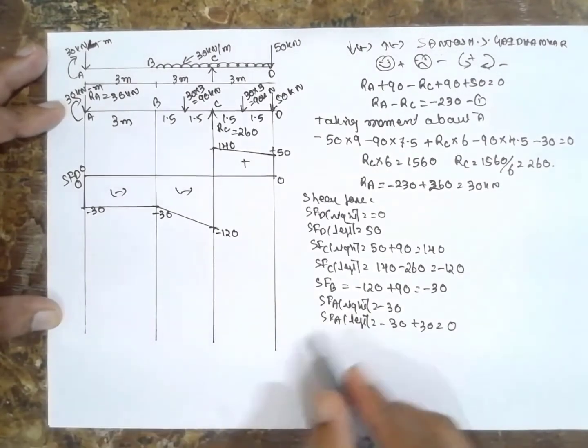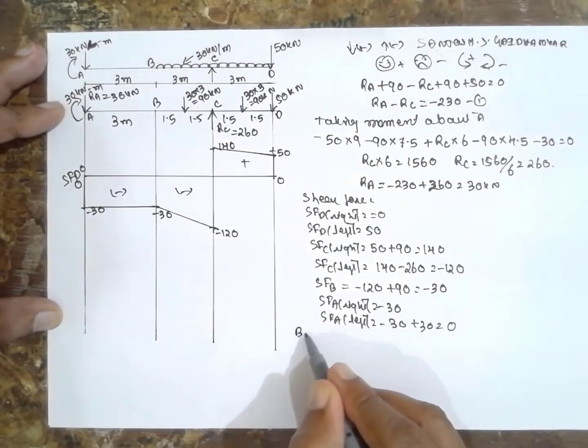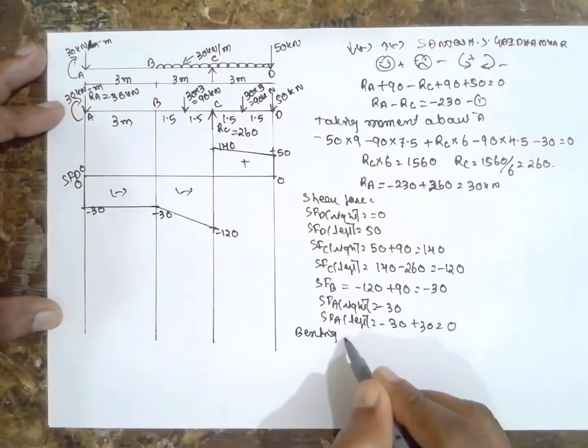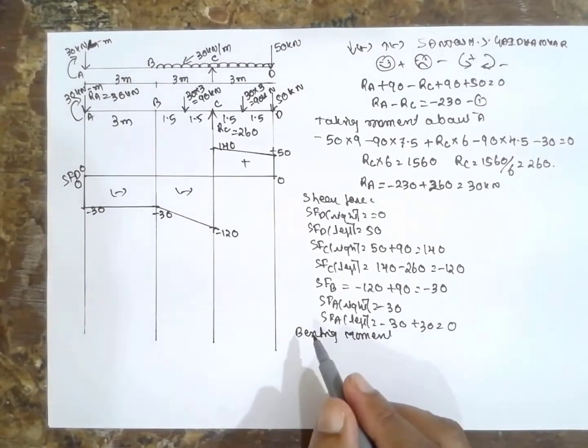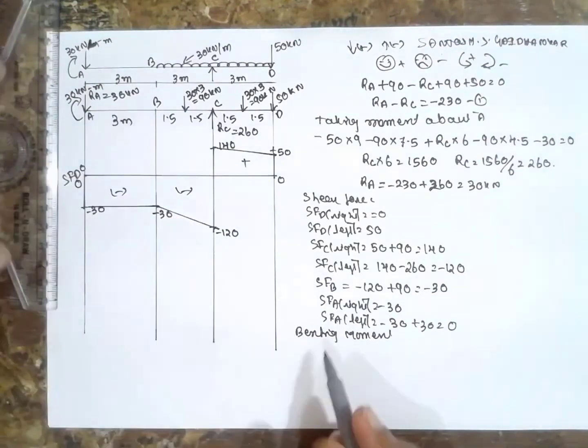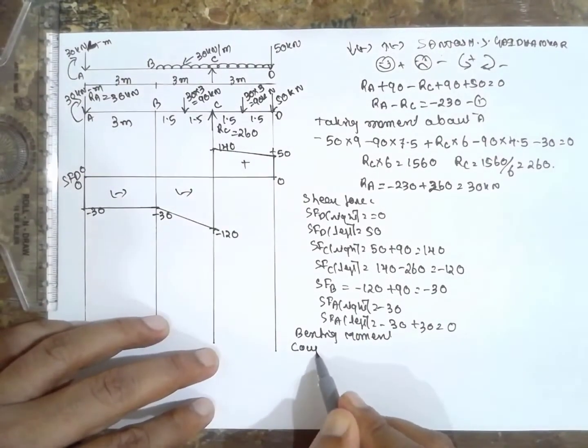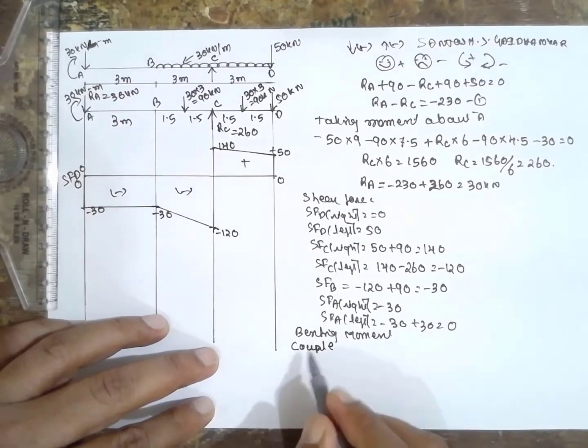Now we are going for the bending moment diagram. Bending moment. Now bending moment here, there is a couple. Because of couple, what happened? You have to consider left and right. First I will consider the left.